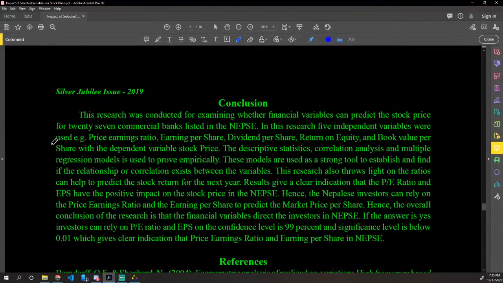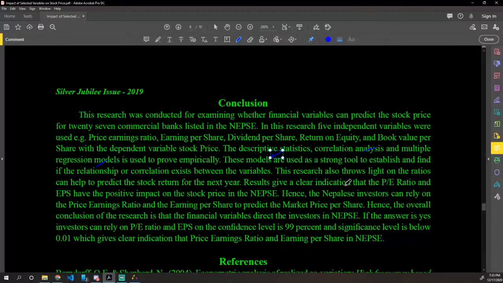So this research was conducted for examining whether financial variables can predict the stock price for 27 commercial banks listed in NEPSE. In this research, 5 independent variables were used: price to earning ratio, EPS, dividend, and so on, with stock price as the dependent variable. Descriptive statistics, correlation analysis, and multiple regression models were strong tools to establish the relationships within the variables. The research also throws some light on how ratios can help to predict stock returns for the next year.